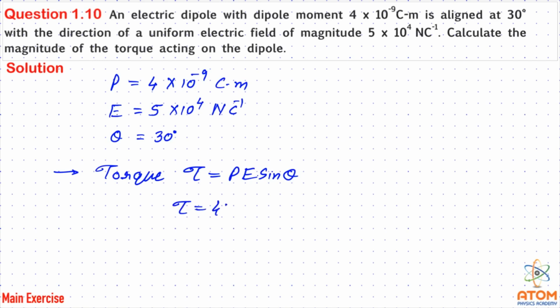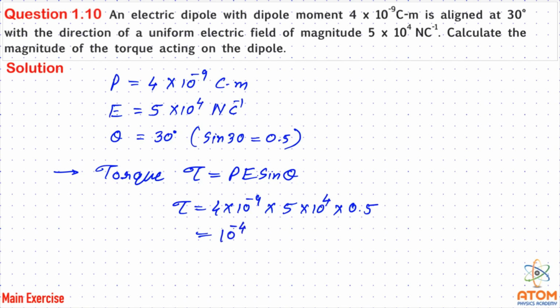So it is 4 into 10 raised to minus 9 into 5 into 10 raised to 4 and sine 30. Sine 30 is 0.5, so I'll put here 0.5. Now solving all this, you will get 5 and 4, 20, and so 10 raised to minus 4. It will be 10 raised to minus 4 Newton meter.